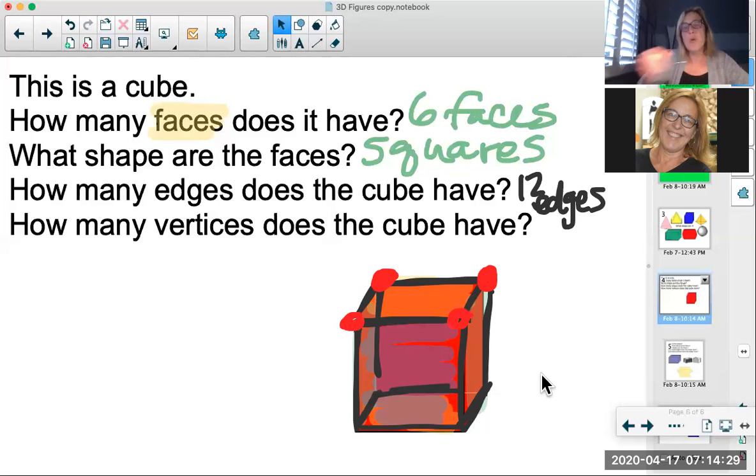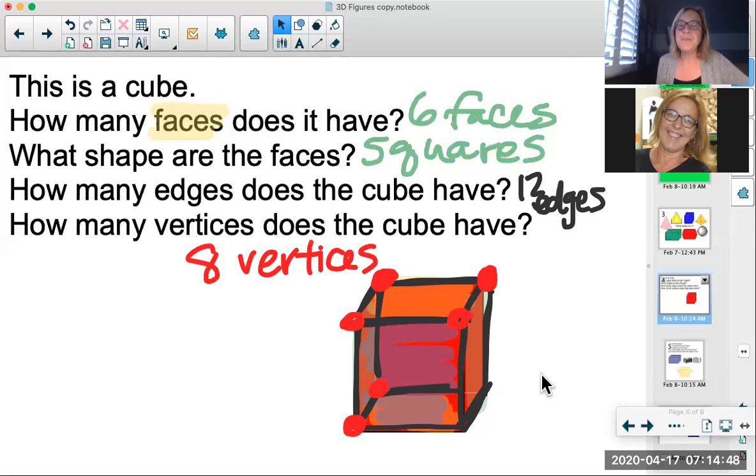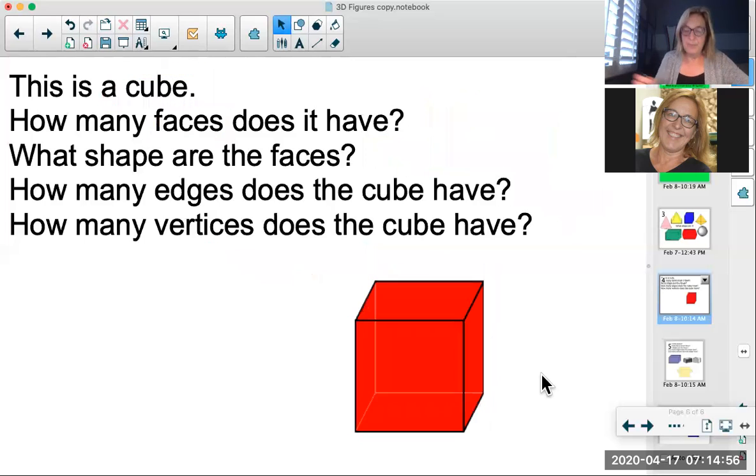There are 4 on the top of this cube, which means there are also 4 on the bottom of this cube. So that would be a total of 8 vertices. Okay, and we call this a cube when all 6 faces are squares.